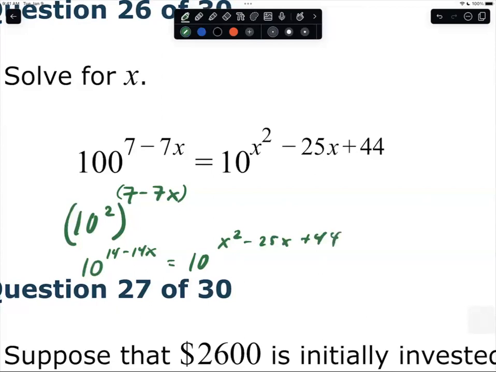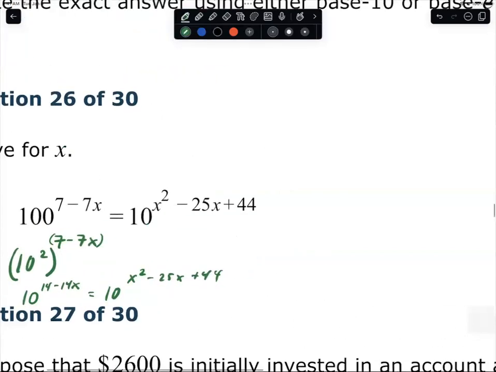And there is a property of exponential functions that says if you have 2 exponential functions set equal to each other, and the bases are the same, then the exponents must be equal. There was a similar one for logs. So the exponents must be equal in this case.